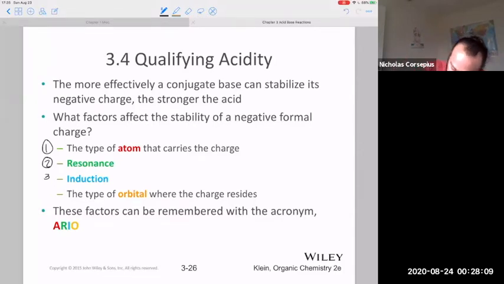There's going to be this factor called induction, and we'll talk a little bit more about what that is. And then the last factor is the type of orbital where that charge resides. That's kind of the least important thing, but nonetheless, it'll be very important. You can use this little acronym ARIO to remember that order here: atom, resonance, induction, orbital.